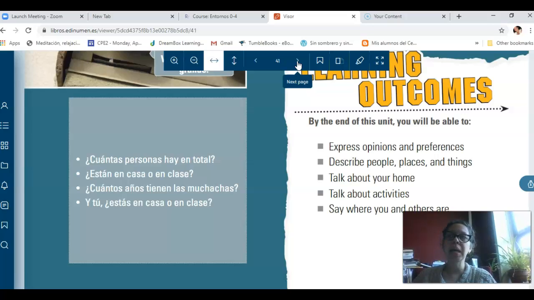También vamos a describir personas, lugares, cosas, things, ¿verdad? Also, vamos a hablar de nuestra casa, de la casa. We're going to talk about la casa. Vamos a hablar de las actividades, ¿sí?